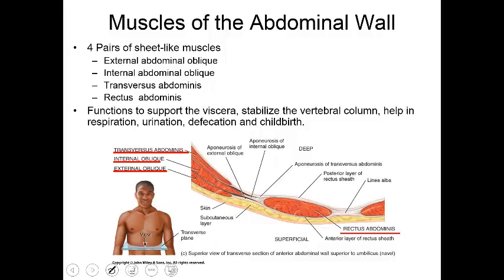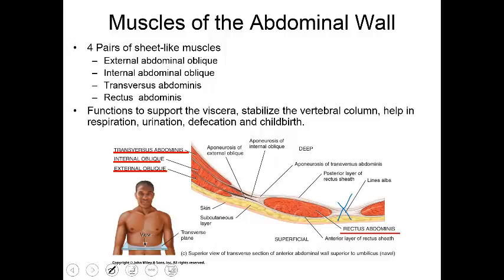Now, what you're looking at in this image is a transverse section, superior view of the abdominal wall. Right in the center, right along the median, you have a sheet or an indentation, if you will, of connective tissue. This indentation extends from the xiphoid process of your sternum all the way down to the pubic symphysis.